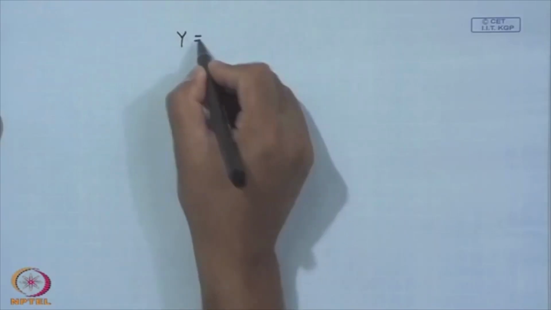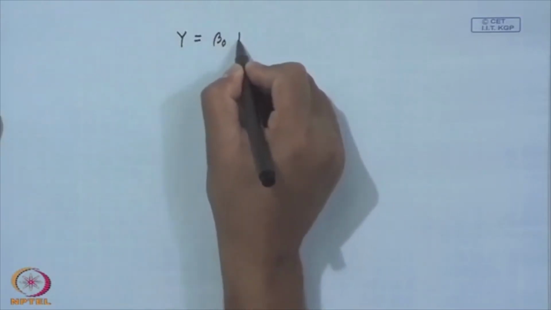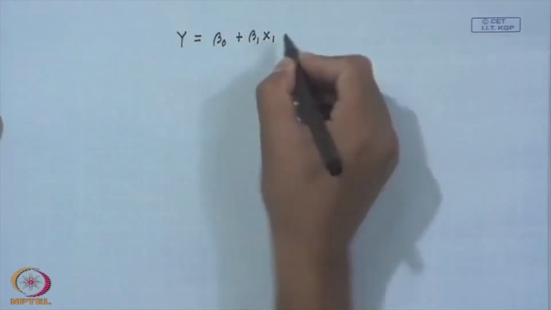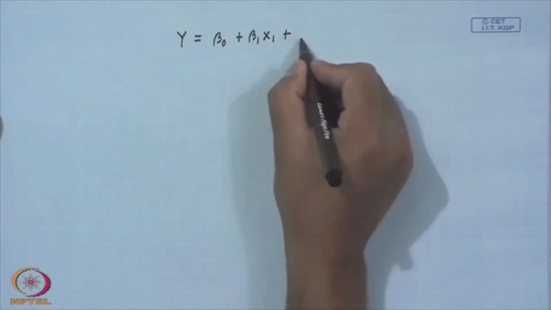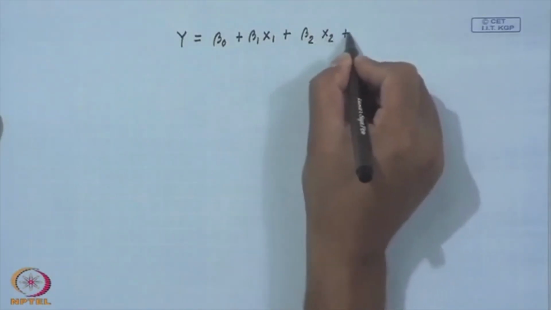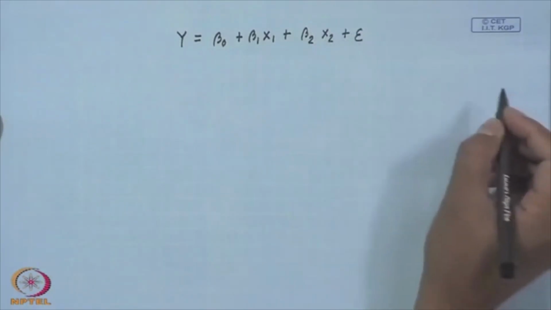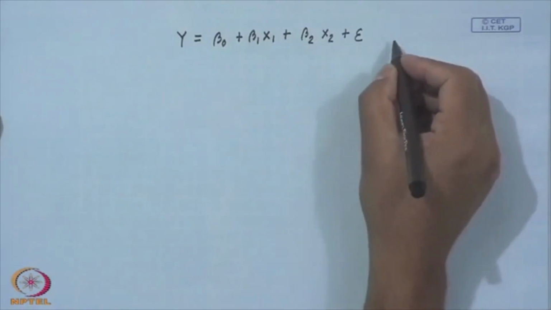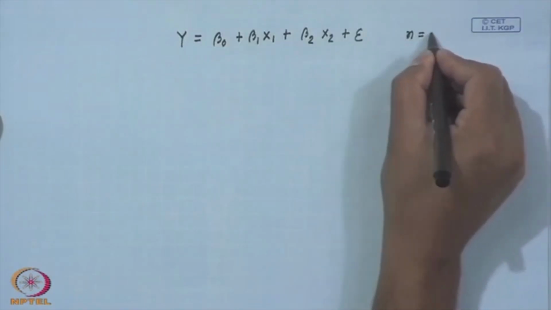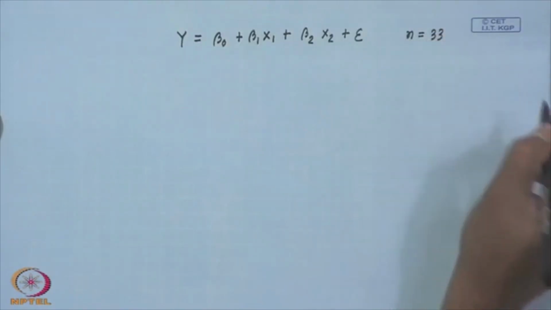So what you know is that your friend has fitted a model like this, y equal to beta naught plus beta 1 x1 plus beta 2 x2 plus epsilon, and this model has been fitted for n equal to 33 observations.